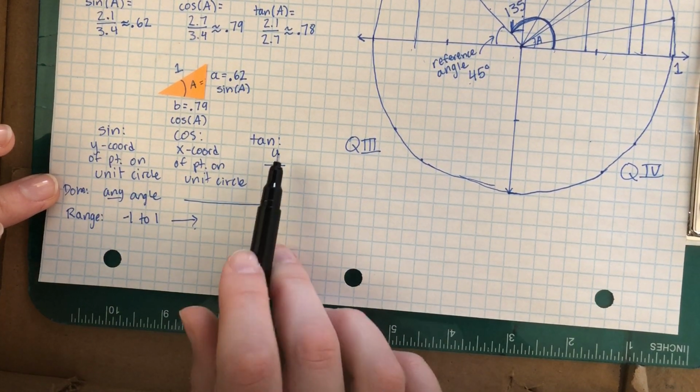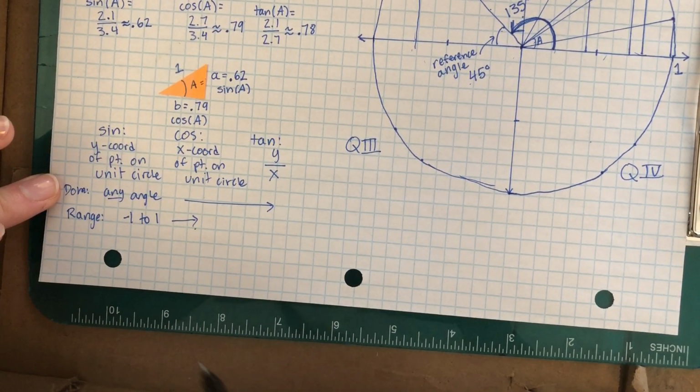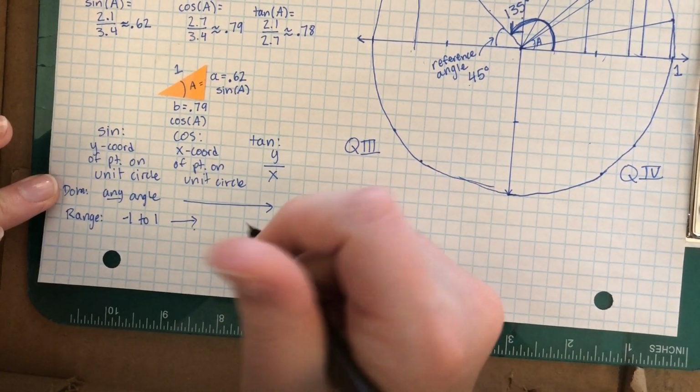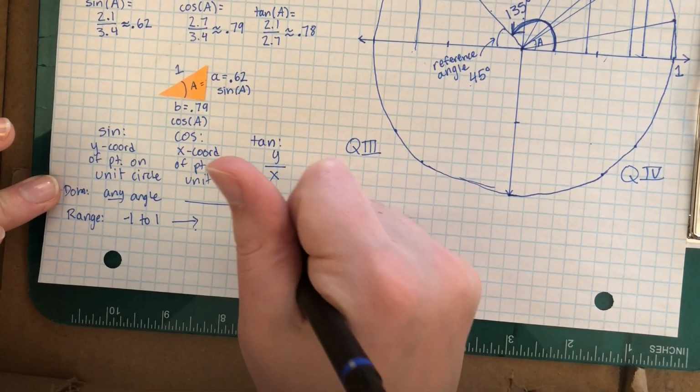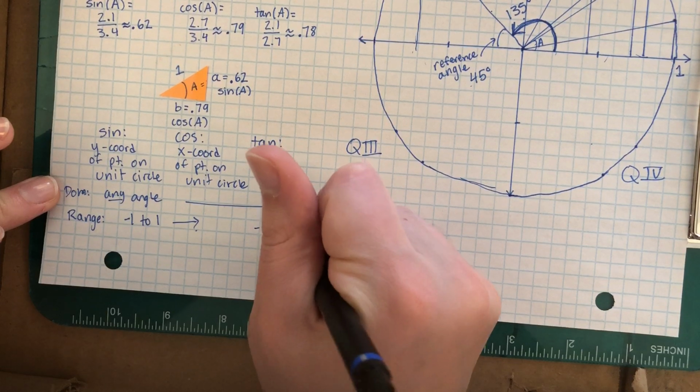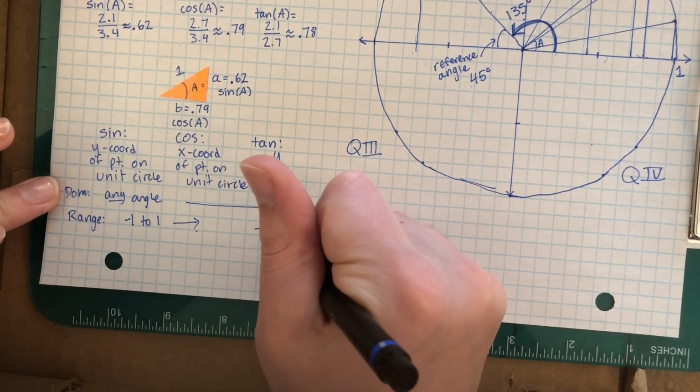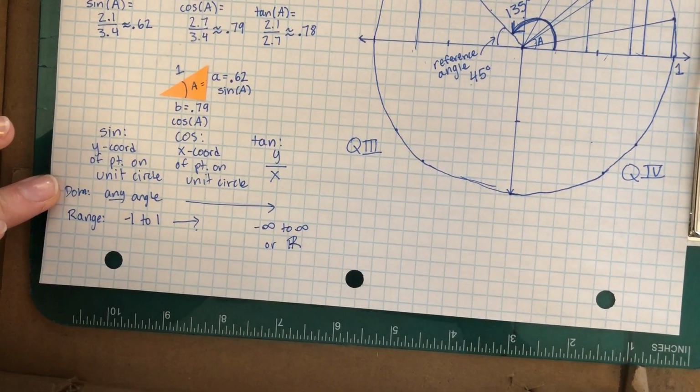And then because sine and cosine individually could be either negative or positive, the range for tangent is now negative infinity to infinity, or all real numbers.